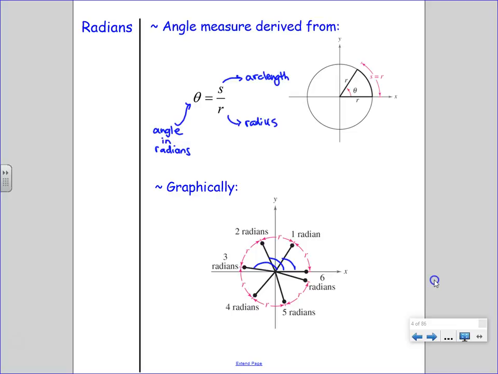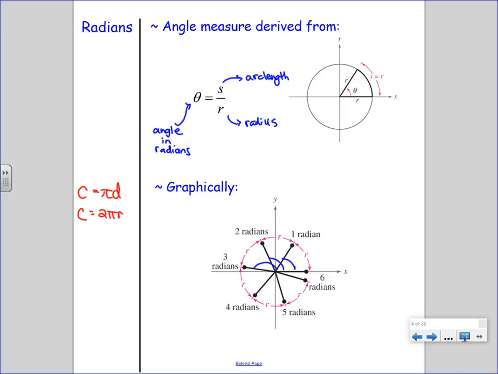You guys know at least one of them because it comes from an old formula called the circumference formula. The old circumference formula says C equals pi D, right? Or it could be 2 pi R. Question. If you take the entire distance around the circle, hey, isn't that an arc length?